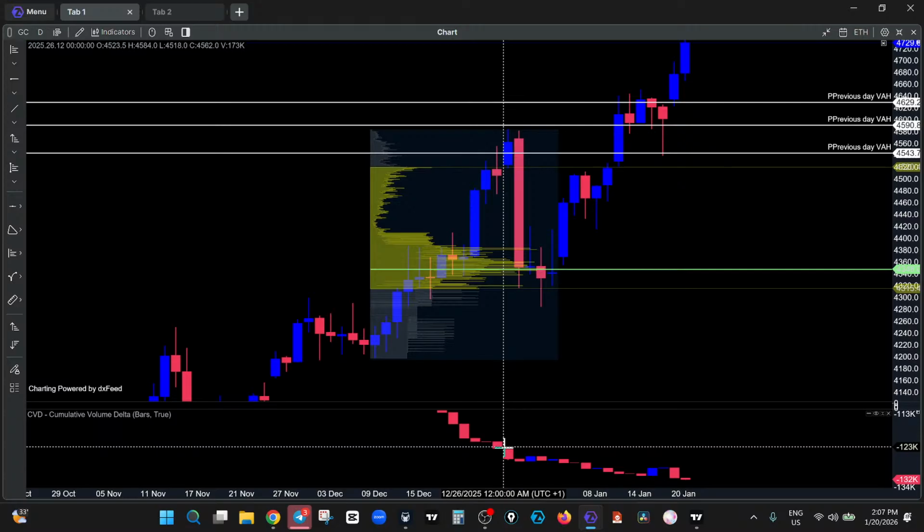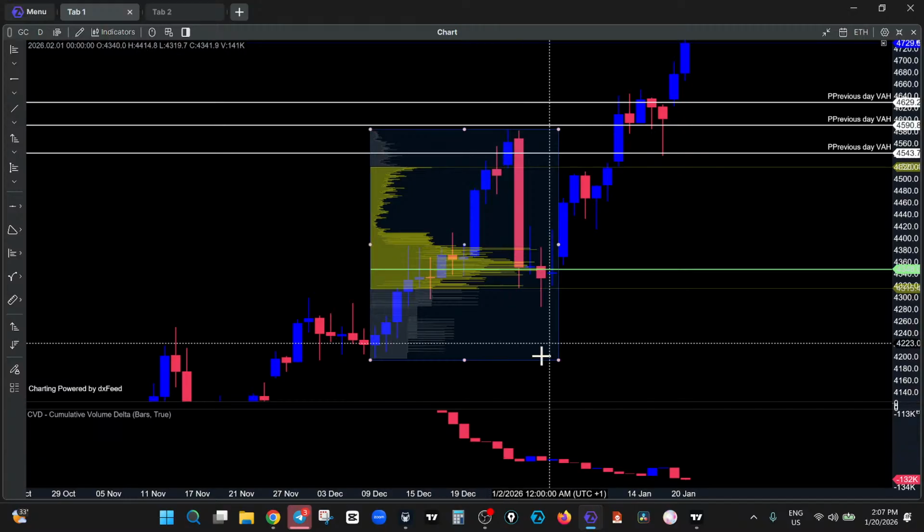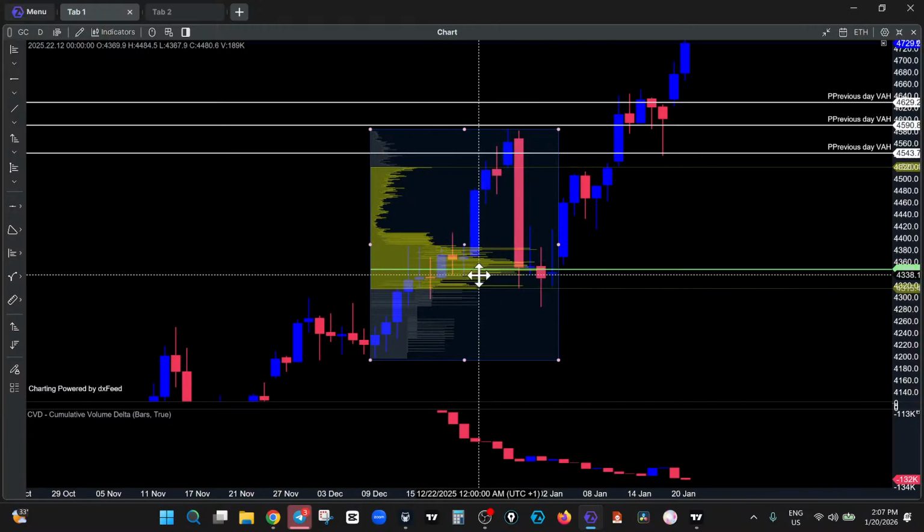At a certain price, 15 lots entered. At a certain price, 50 lots entered. At a certain price, 2 lots entered. That's what volume profile does. It helps you to understand where the big players are playing. And it's a footprint. It shows you.